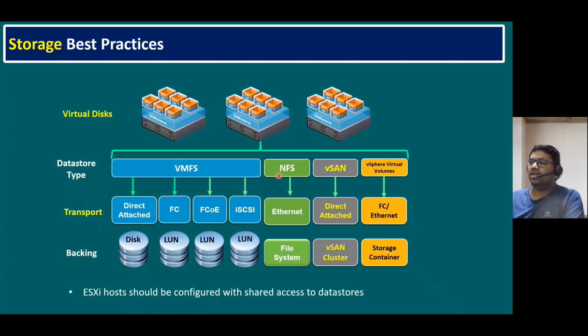But some customers, if they don't have much budget, may go for NFS storage, and some customers may go for vSAN. If they are looking for automation as well, it is recommended to configure software defined storage, which is virtual SAN. And some customers may use virtual volumes as well. But at a high level, within our storage level, we have four types of file systems in VMware.